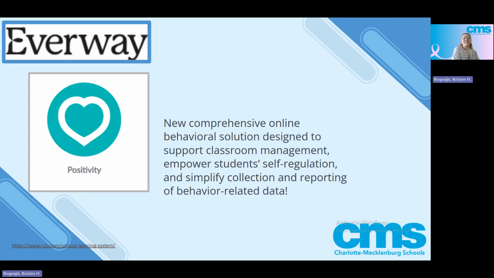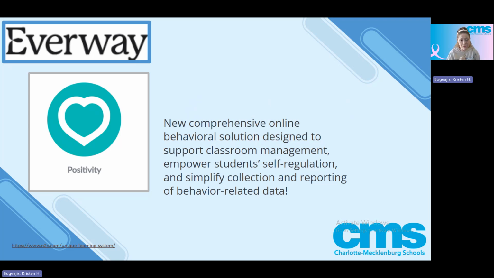Positivity. This is a fabulous solution. It's a comprehensive online behavioral solution designed to support classroom management, empower students for self-regulation, and it's a simplified collection of reporting behavior-related data. So if you have a student who is struggling with behavioral challenges, we are going to ask you to first write a behavior goal.